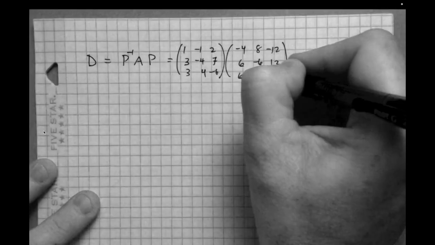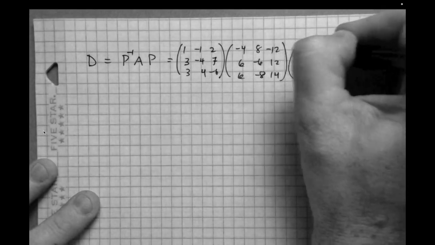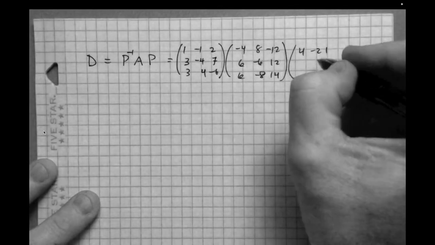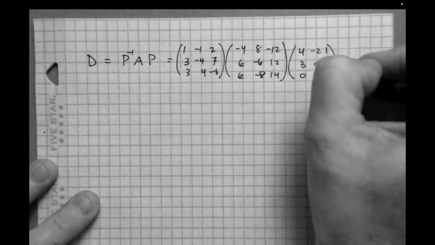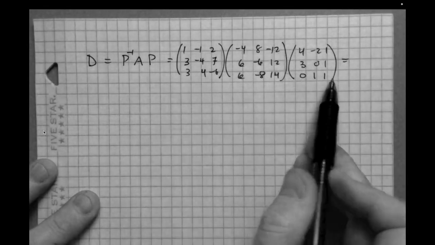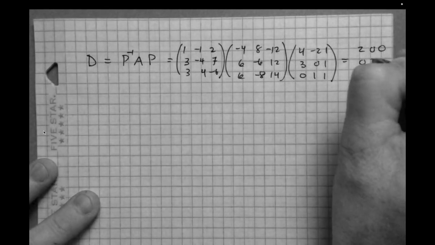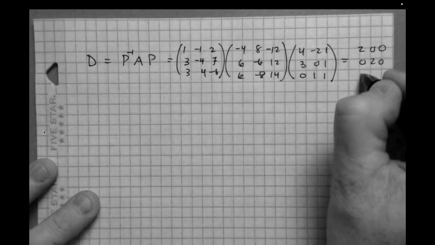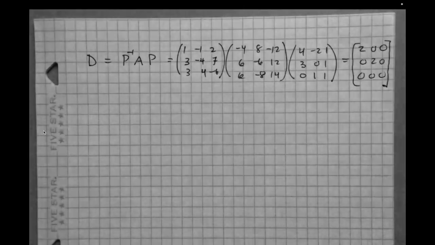There's our A. And then P is 4, negative 2, 1, 3, 0, 1, and then 0, 1, 1. And again, these are the eigenvectors. When you multiply these three together, you get a diagonal matrix 2, 0, 0, 0, 2, 0, 0, 0, 0.